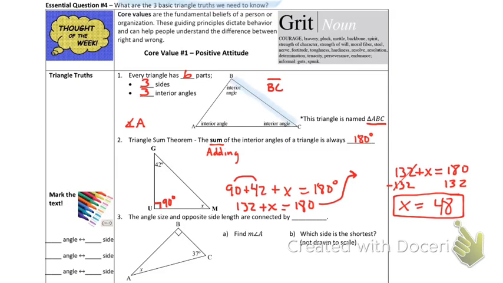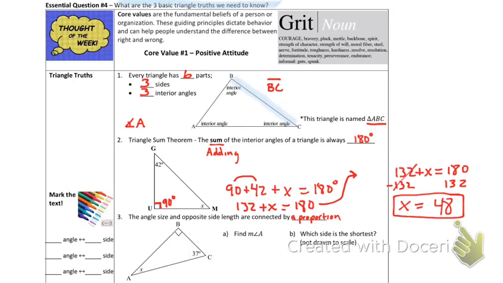The third triangle truth says the angle size and opposite side length are connected by what I call a proportion. In other words, when we have an angle, let's look at angle 37 here. Its opposite side, which is across from angle 37, is AB.